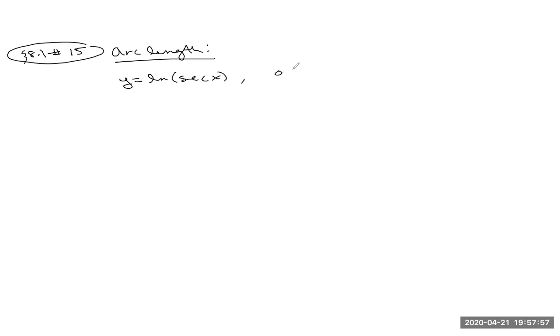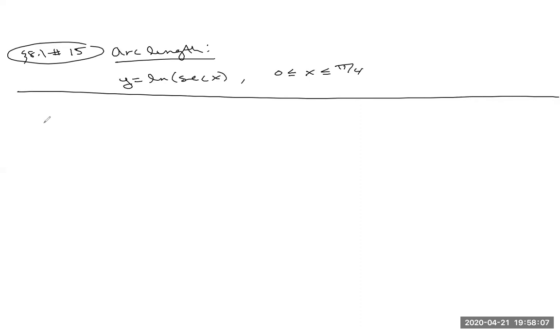And we have bounds 0 to pi over 4 for x. So for this one, since we're integrating over x, the arc length formula we're going to be using, L is equal to the integral from a to b of the square root of 1 plus f prime of x squared dx.